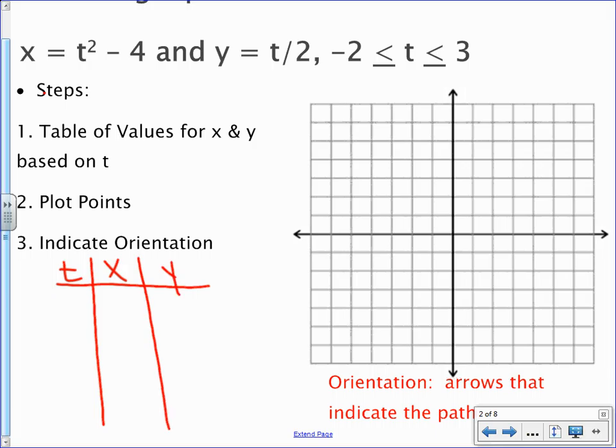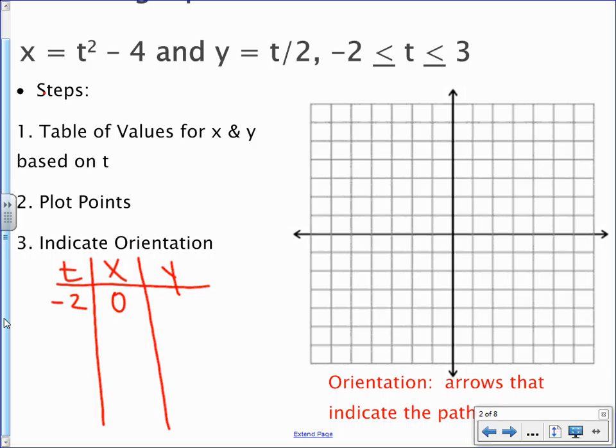Okay, so this is giving us where we want the t values from. So we're going to begin when t is negative 2 and end when t is 3. So when t is negative 2, plug it in, what do we get for x? 0.